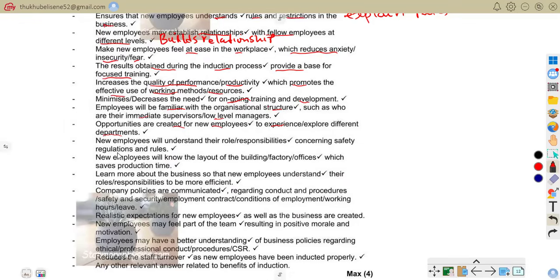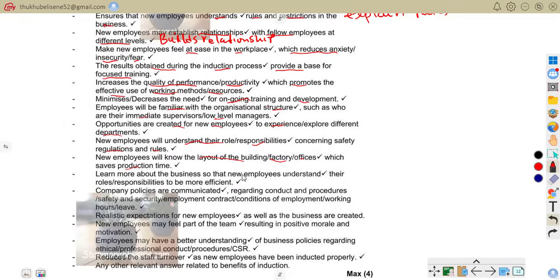New employees will understand their roles and responsibilities concerning safety, regulations, and rules. Also, new employees will know the layout of the buildings, factory, and offices, which saves production time. They are not going to ask where the toilets are, or where the offices of the supervisors are. In the induction, it helps on that, because they will know exactly where to go.